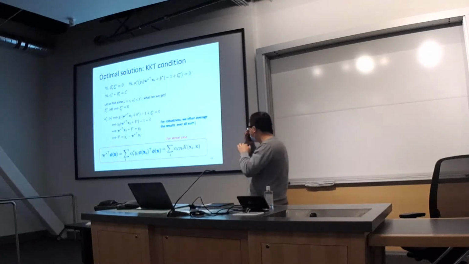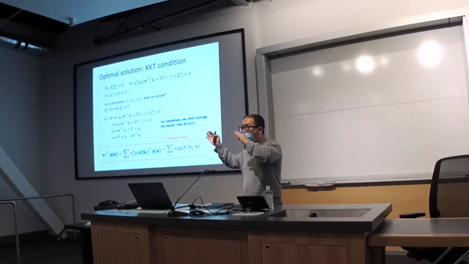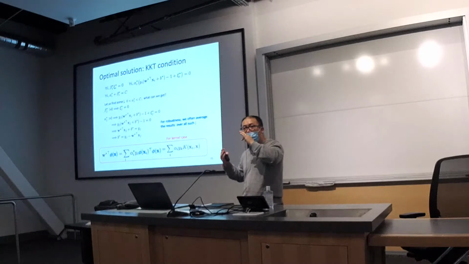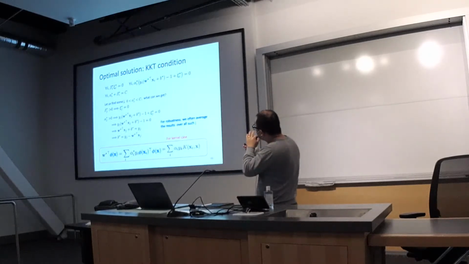For non-support vectors, they're going to stay outside the margin. If they stay outside the margin, that means the functional margin must be bigger than 1. This is the definition of functional margin: y_i times the prediction score. This functional margin is bigger than 1, so the functional margin minus 1, plus the non-active slack variable, will be strictly bigger than 0.